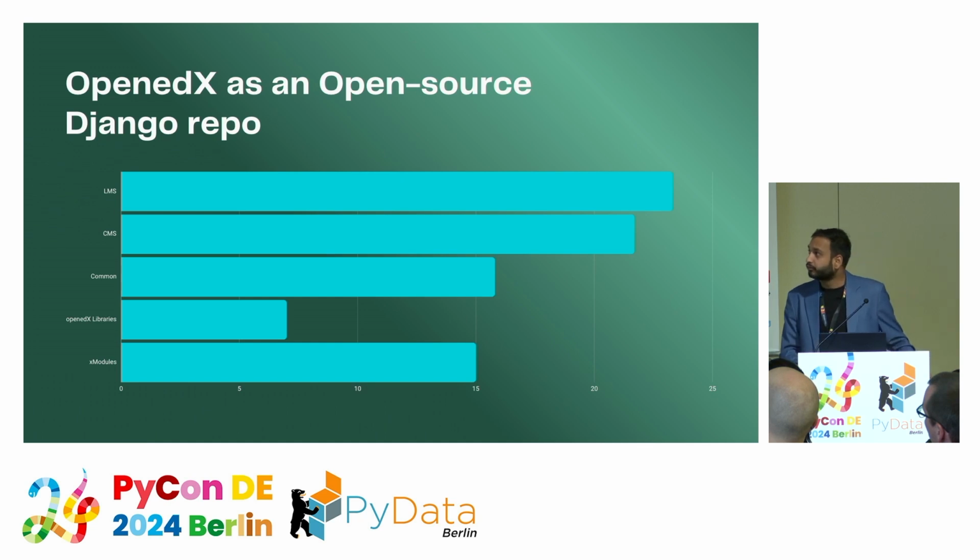This is a breakdown of the repo. By the way, this is an important slide, and I want you guys to take a good note of this data. They have a mono repo, and they have 5 different modules inside that: LMS, CMS, a common library as well, some proprietary OpenEdX libraries, and XModules.